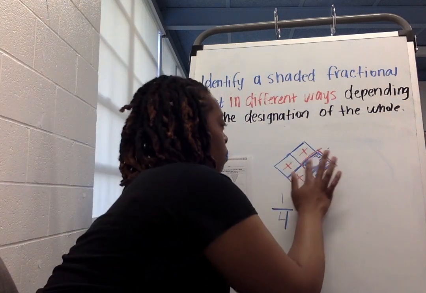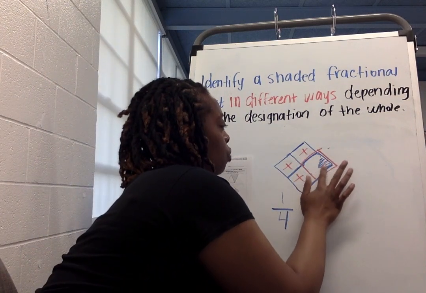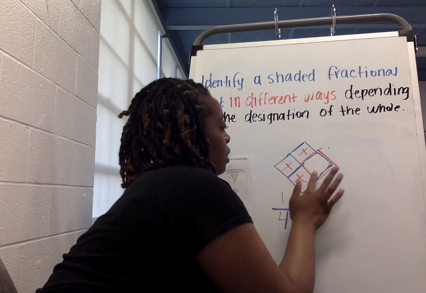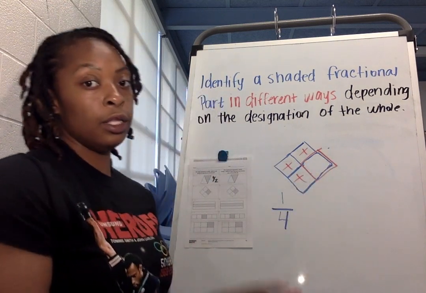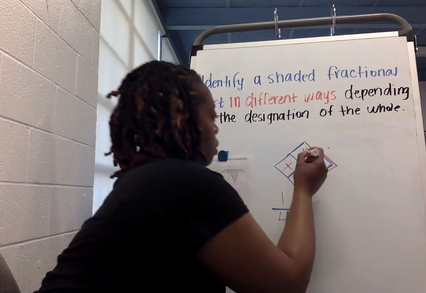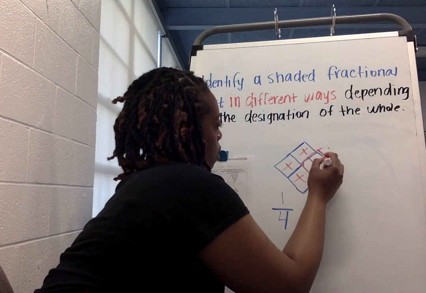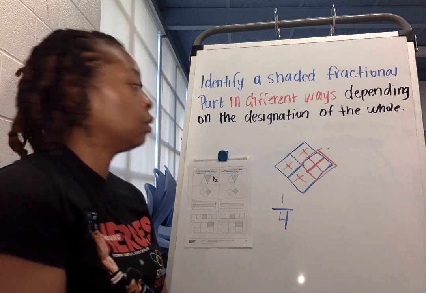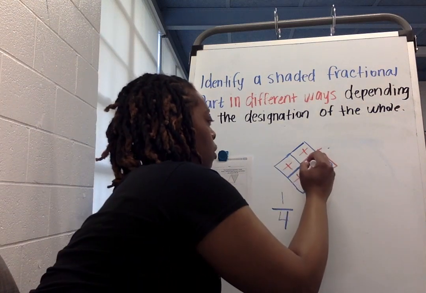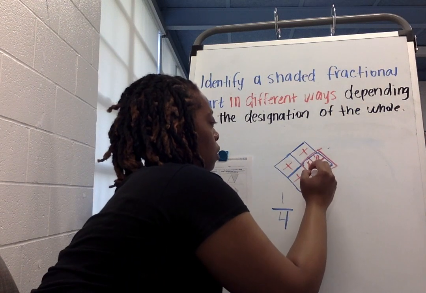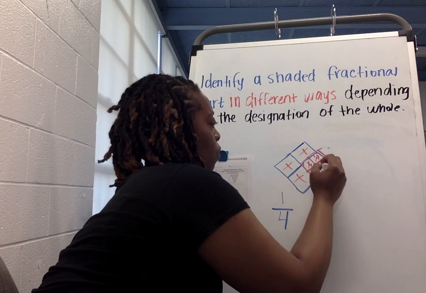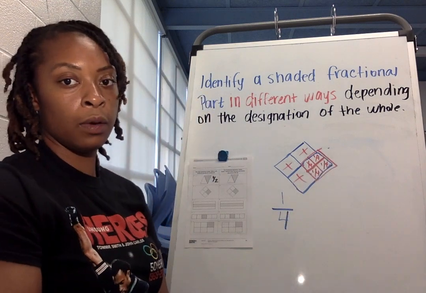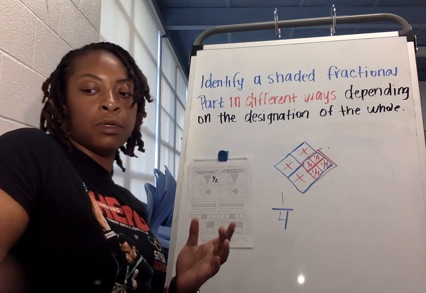So I'm going to erase the part that I shaded so you can see me draw 1/4. I have to partition this 1 square into fourths. One fourth, 1/4, 1/4, 1/4. Okay, and I will write it here on this paper so you can see it.